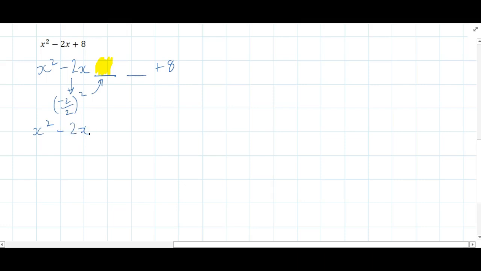So x² − 2x. Now −2 divided by 2 is −1. −1 all squared is +1. So we have to take away 1, because we have to even it up, and we add 8 onto the end here. So this bit here is now factorizable by the perfect square method. Factors of 1 that add up to −2 are going to be (x − 1)(x − 1), and −1 plus 8 is going to be +7.